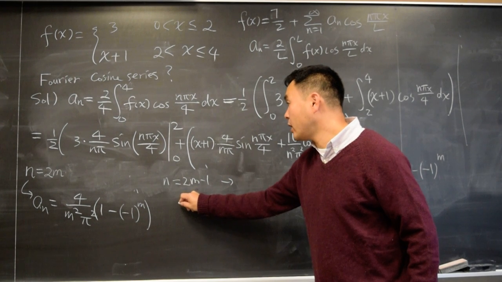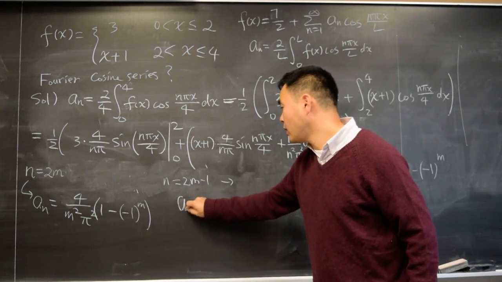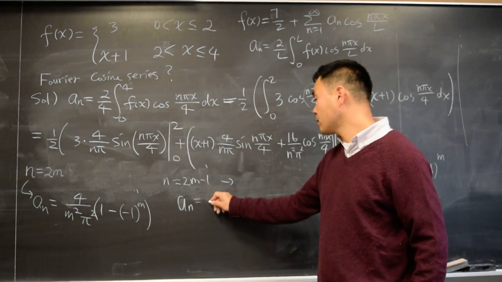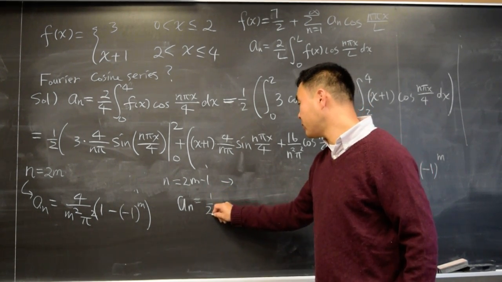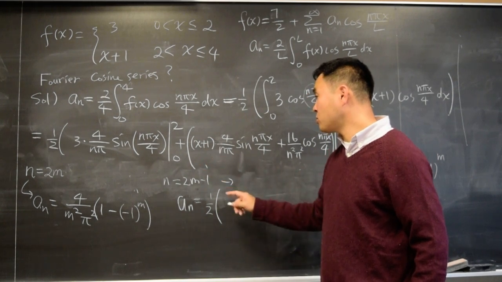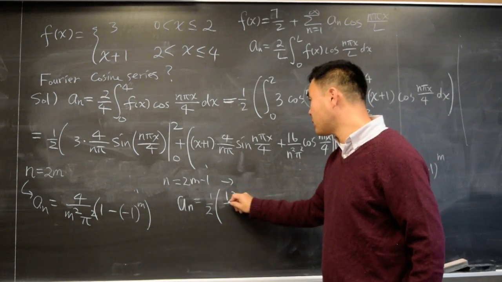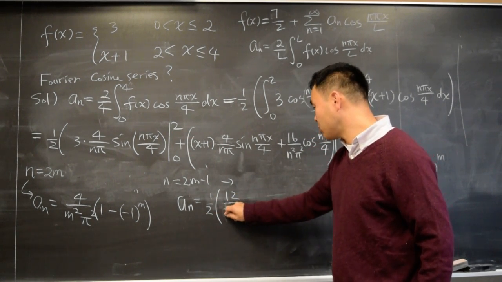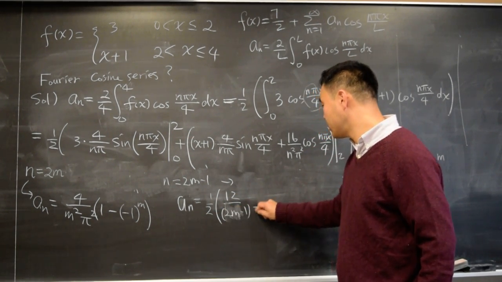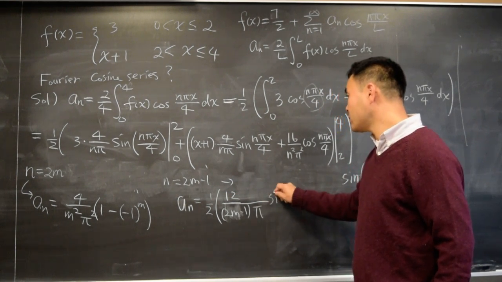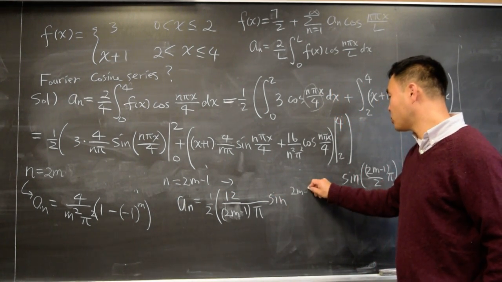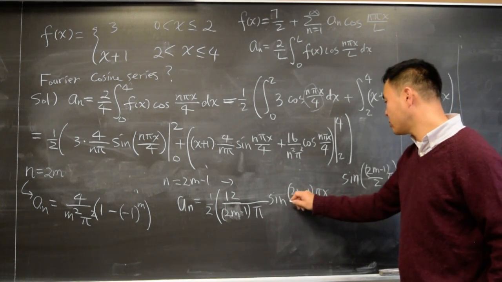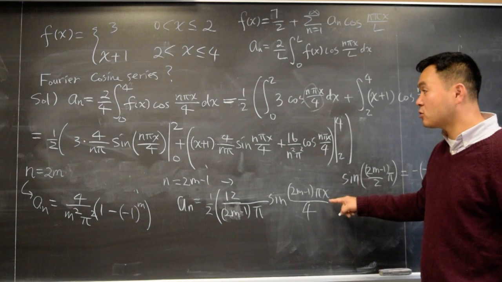So that means a_n will be 1/2 of 3 times 4, which is 12. 12 over n pi sine of, actually n is 2n minus 1, so 2n minus 1 pi x over 4, and you're plugging in 2 and 0, right?